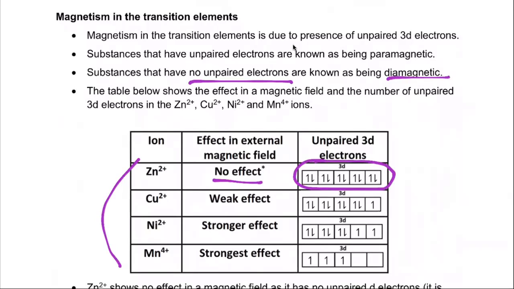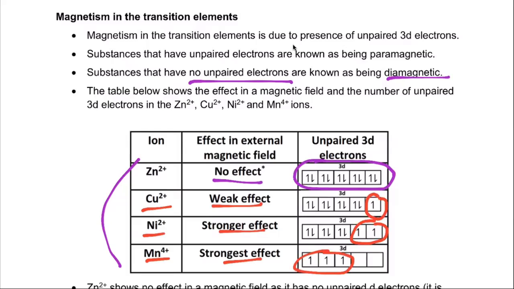On the other hand, the other 3 that they show you, the copper, the nickel, and the manganese, are all affected, but copper's the weakest, manganese is the strongest, and nickel's in the middle. The reason is the number of unpaired electrons they have in their d sublevel. Copper only has 1, so it's affected by the magnetic field, just very weakly. Nickel's got 2, so it's affected a little bit more.